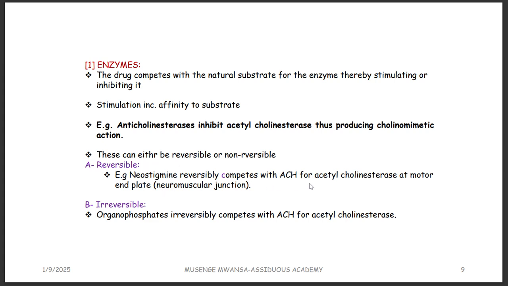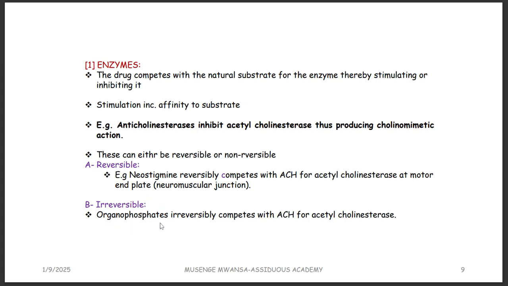Neostigmine can compete with acetylcholine for acetylcholinesterase at the motor end plate. So it is a reversible action. If you remove the neostigmine, you can still increase the acetylcholine that was initially supposed to bind there, and then its action is going to be seen.